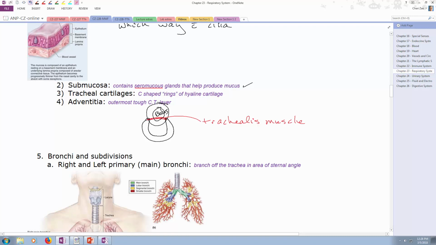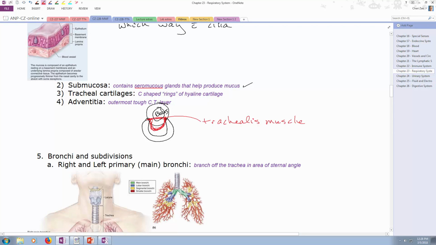The trachealis muscle is doing this. So what did that muscle do? Did it contract or did it relax to allow the food to pass? It's going to relax in front of the bolus. You guys follow me with this? So before the food goes down, the trachealis muscle, which was contracted, will suddenly now relax. And this bolus of food will be able to easily move on down as this occurs.